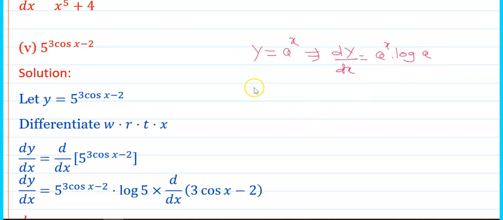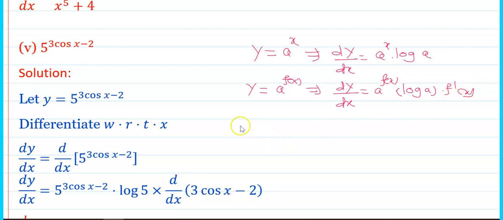Therefore, if I have the function y is equal to a raised to f of x, then dy by dx is equal to a raised to f of x into log of a into the derivative of f of x, which is f dash of x.